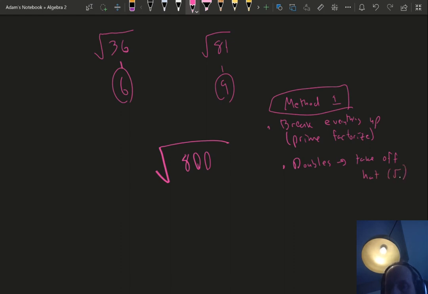The hat is the square root sign. For any singles, just multiply them together and leave the hat. So let's do it. This is method 1.